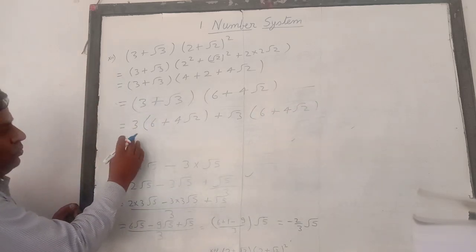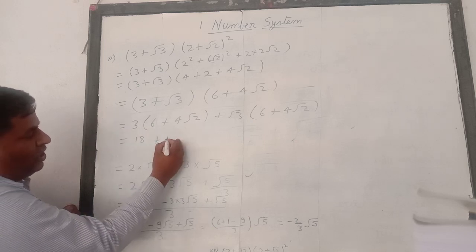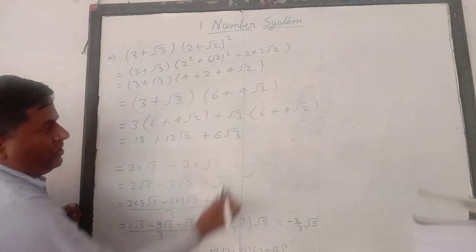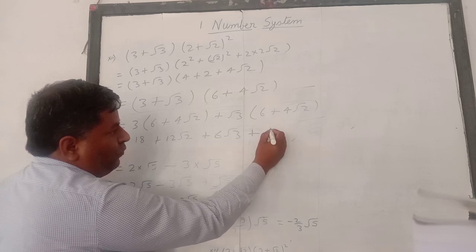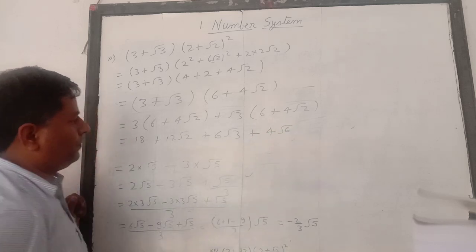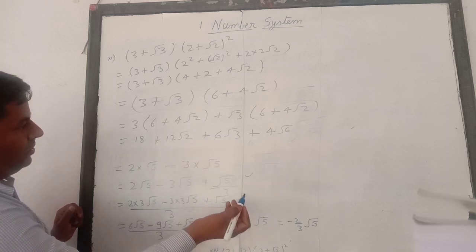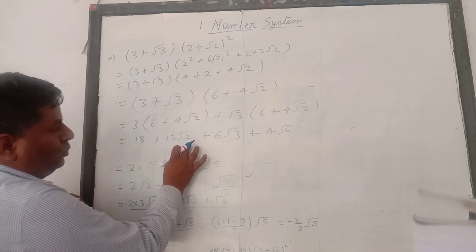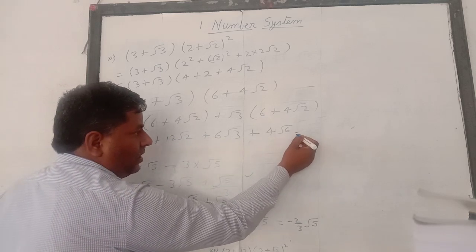So now next, 3 times 6 is 18, plus 3 times 4 is 12√2, plus 6√3, then √3 into 4√2 will be plus 4√6. So can we simplify it further? No. So this is the answer: 18 + 12√2 + 6√3 + 4√6.